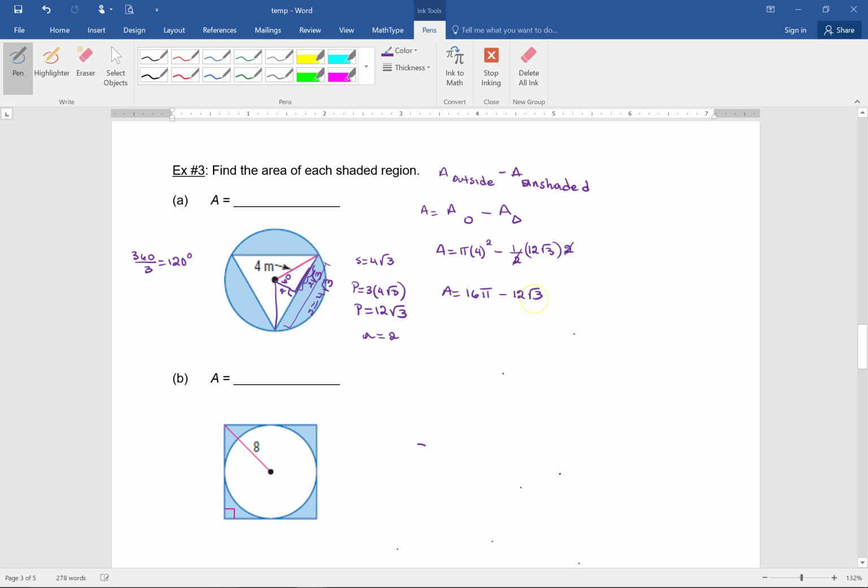If I want the answer in exact form, this is the exact form. And when we plug it into the calculator, what do we get? 29.5 meters squared.